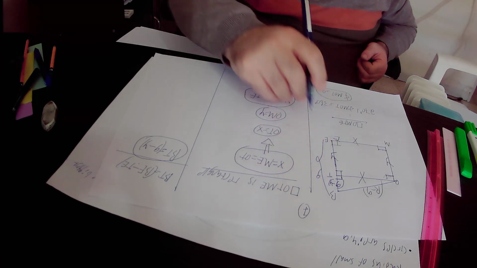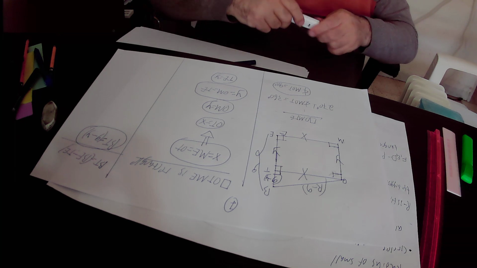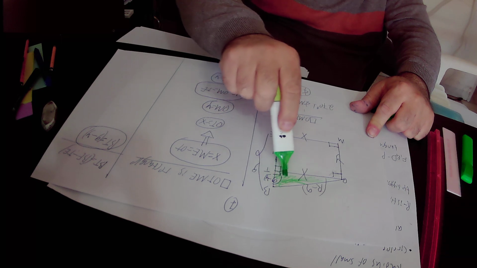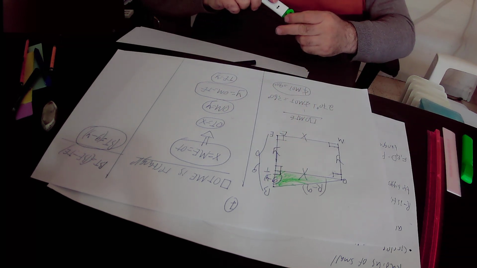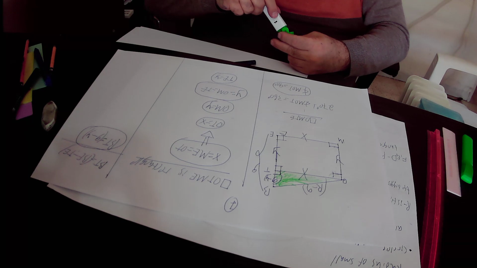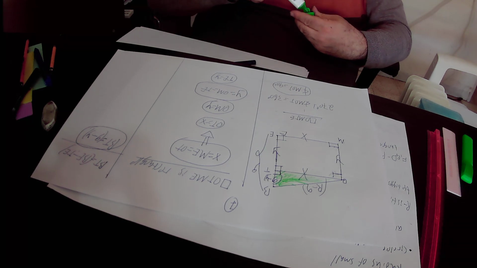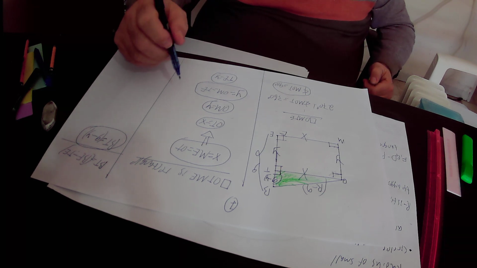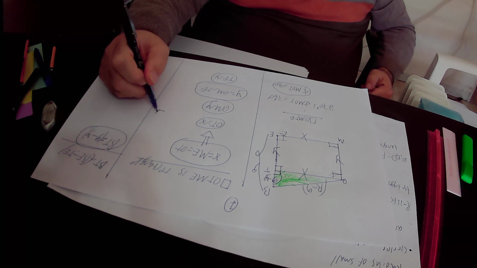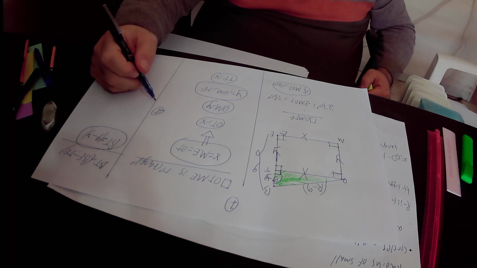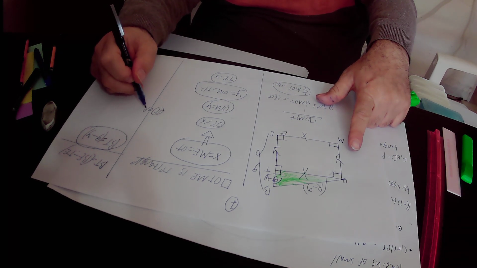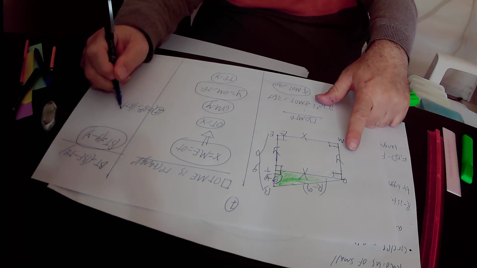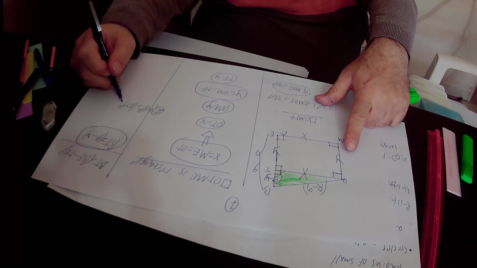So now we can implement the Pythagoras theorem on this green right triangle OBT. According to the Pythagoras theorem, in the green right triangle, OB square will be equal to BT square plus OT square.